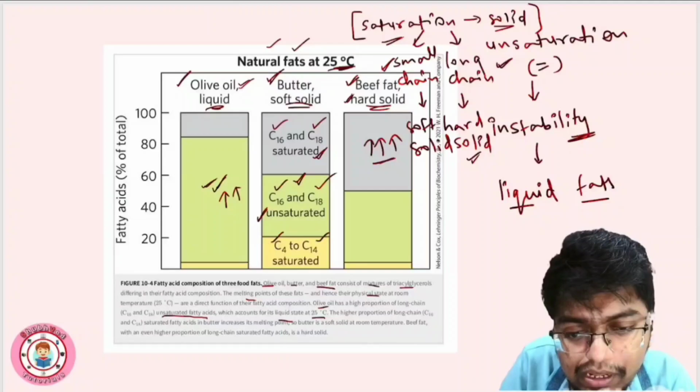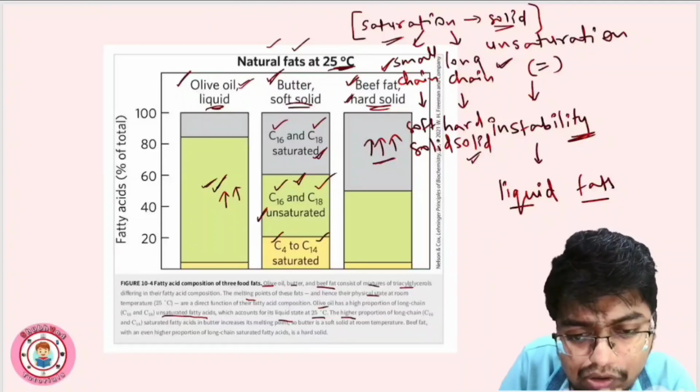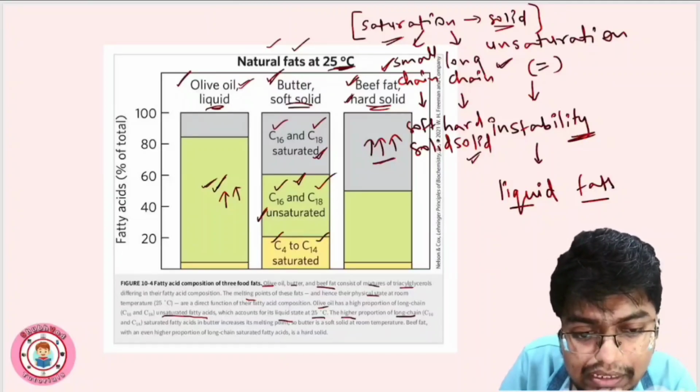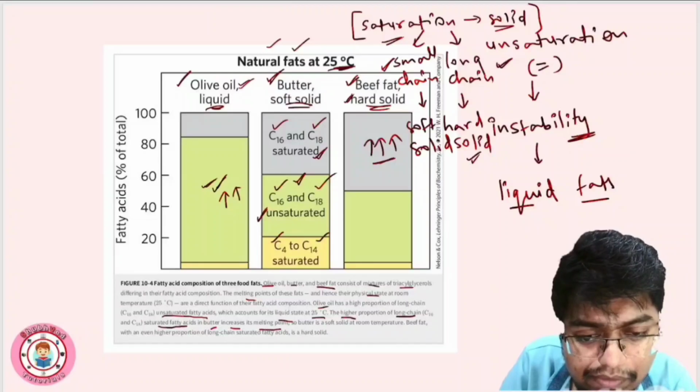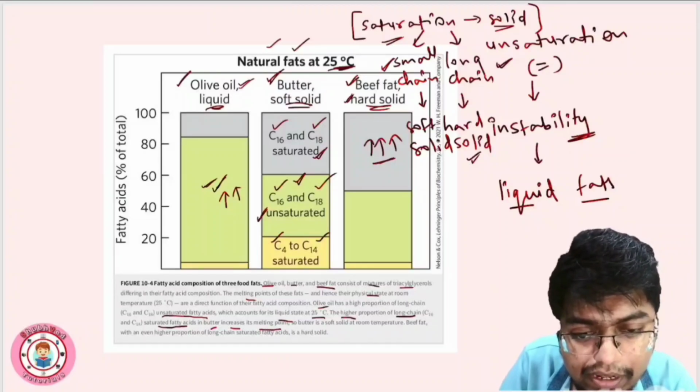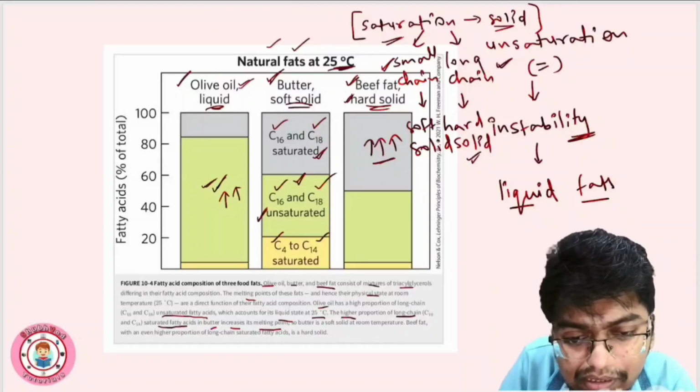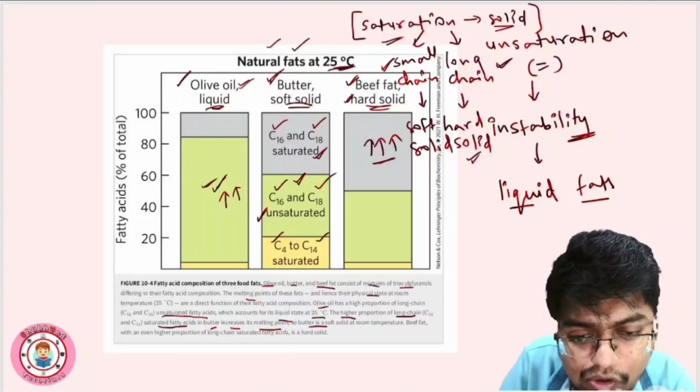High proportion. Now, a higher proportion of long chain saturated fatty acids in butter increases its melting temperature. Okay, melting point. So butter is soft solid at room temperature.